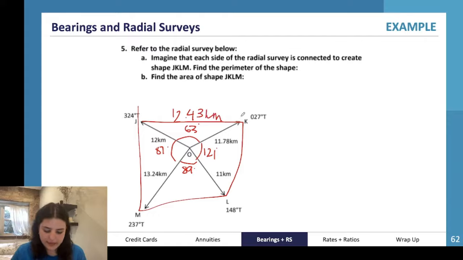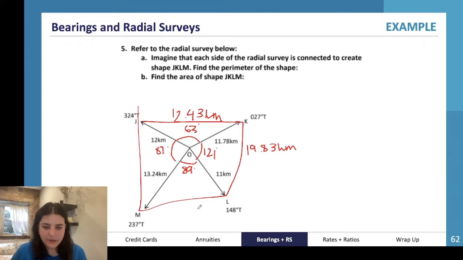The next one, again, same thing: 11.78 squared plus 11 squared minus 2 times A, which is 11.78, times B, 11, times cos 121. Square root it. This one's going to be 19.83 kilometers.